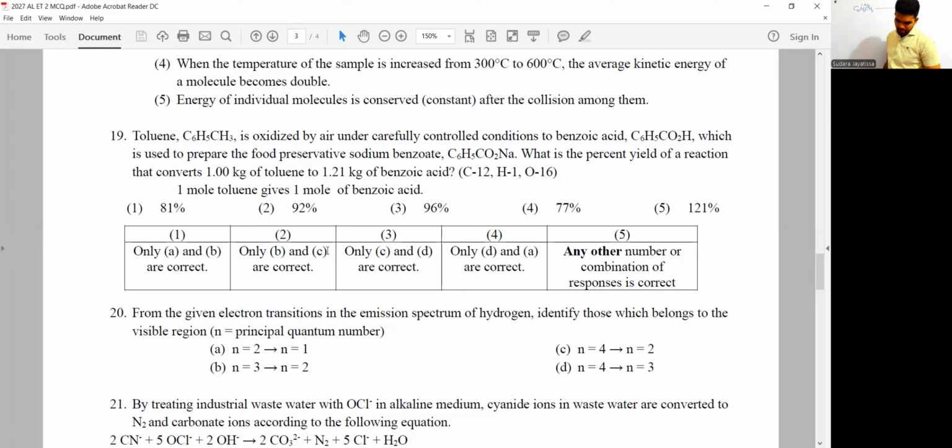Sorry, my mistake, the product is benzoic acid, C6H5CO2H. So how many kilograms? 1.21 kilograms.